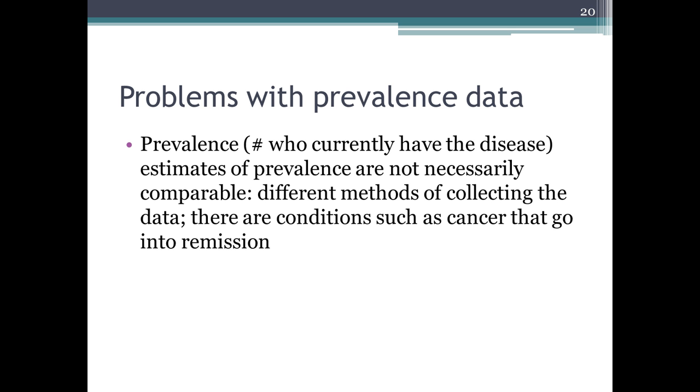The other problem with prevalence is especially in cancer cases. Cancer can go into remission, and when patients are in remission, are we supposed to still count them under the prevalence as something old? Those are some of the things that have not been really ironed out.